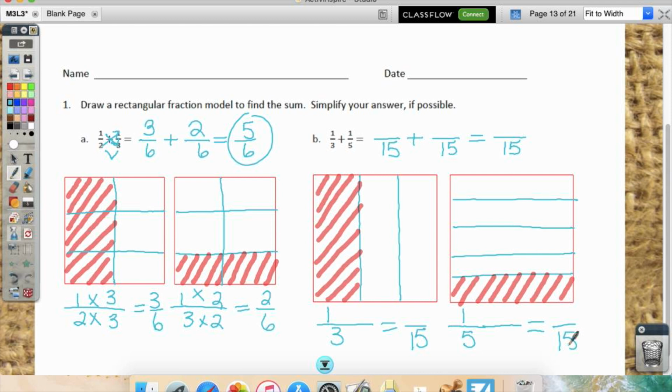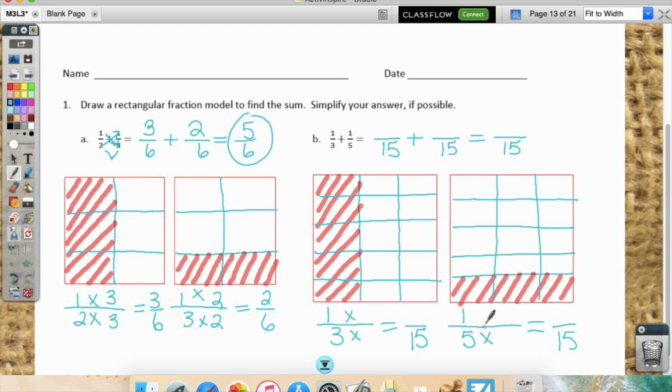Okay, next step would be to make 15ths out of both of these. So I'm going to draw the 4 horizontal lines in the first shape and the 2 vertical lines in the second shape. All right. Now, how do I make equivalent fractions? Multiply.